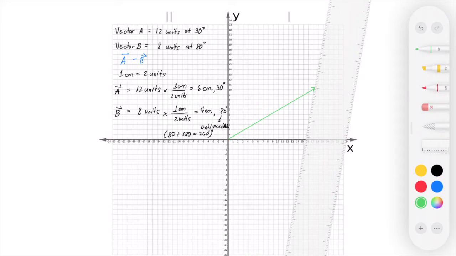Okay, now instead of plotting it like going here, I'm going to plot it anti-parallel, which is 80 degrees, because that is minus, and so that would be 1, 2, 3, and 4.